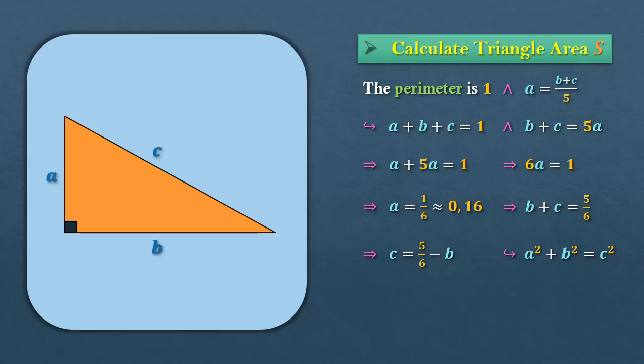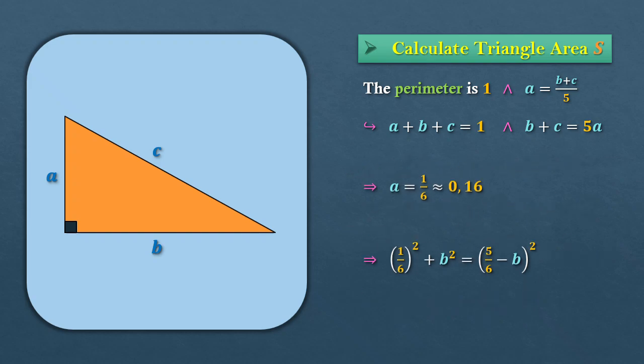Substituting A equals 1 divided by 6 and C equals 5 divided by 6 minus B into this equation yields the quantity 1 divided by 6 raised to the power of 2 plus B raised to the power of 2 equals the quantity 5 divided by 6 minus B raised to the power of 2.